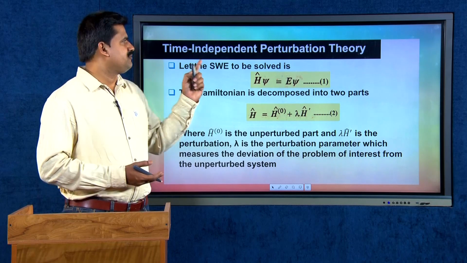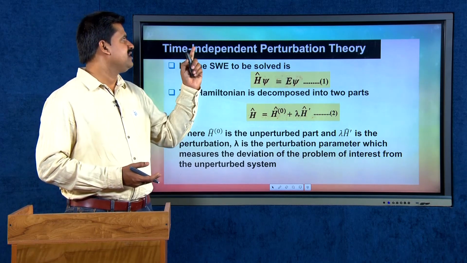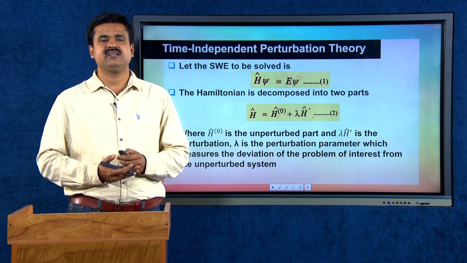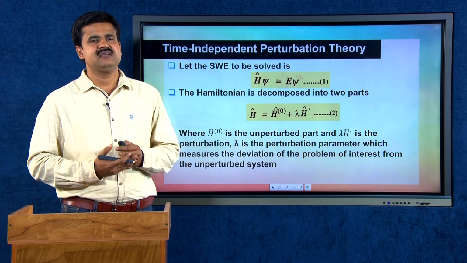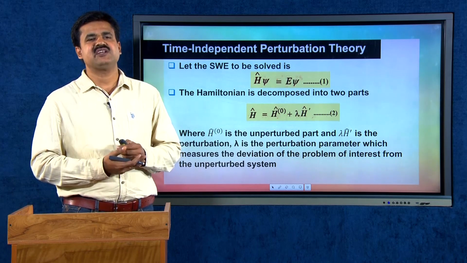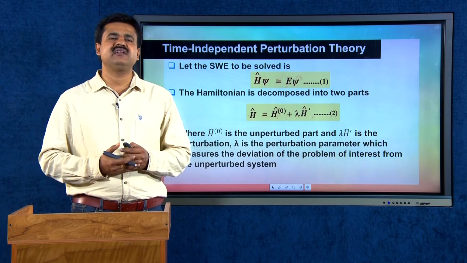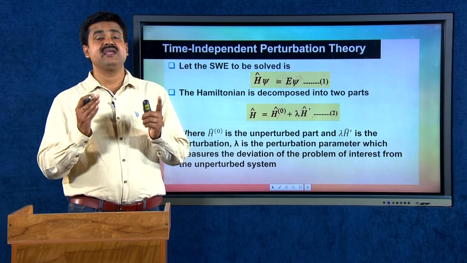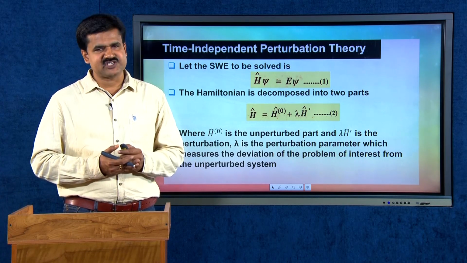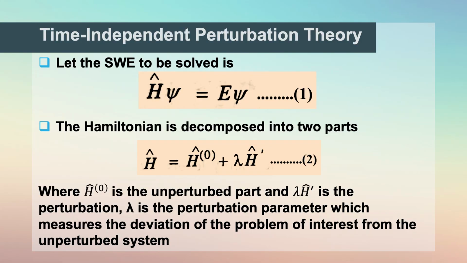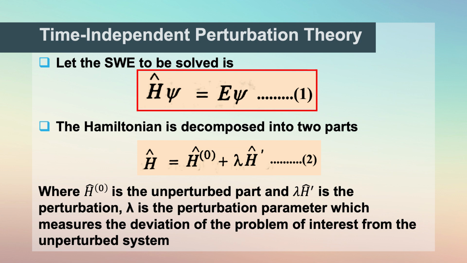Now, the first part, the time independent perturbation theory, and we have to proceed mathematically. So, we begin the discussion on time independent perturbation theory by starting from the original Schrodinger wave equation. We have the Schrodinger wave equation, Hamiltonian psi is equal to energy into psi.